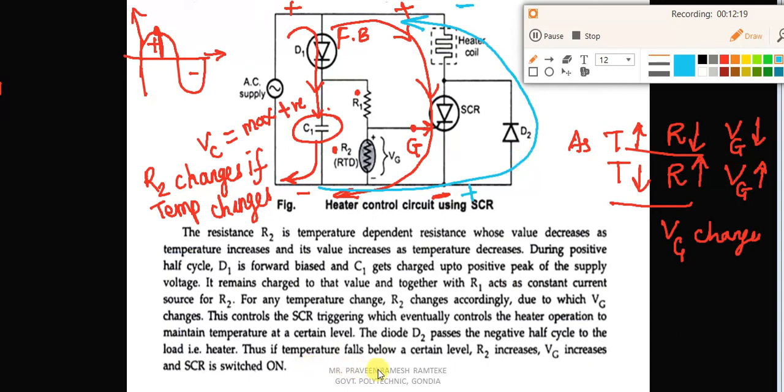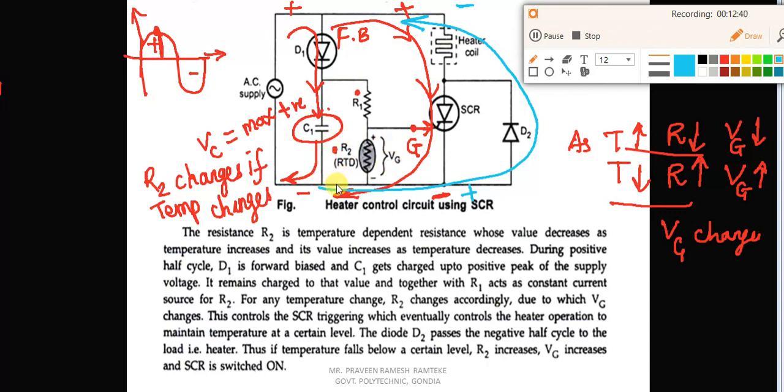Thus, if the temperature falls below a certain level, because of the increase in R2, VG will increase and the SCR is switched on, and hence the heater is turned on or off during the positive or negative half cycle because of the temperature variations.